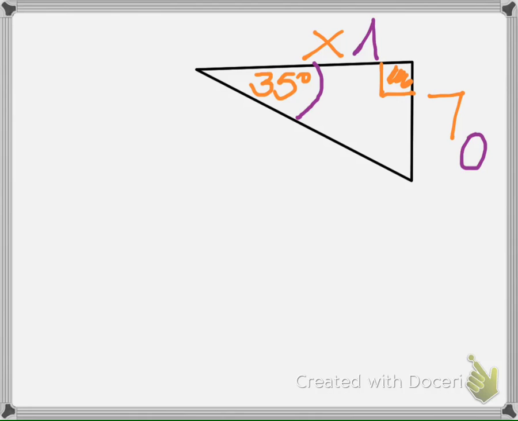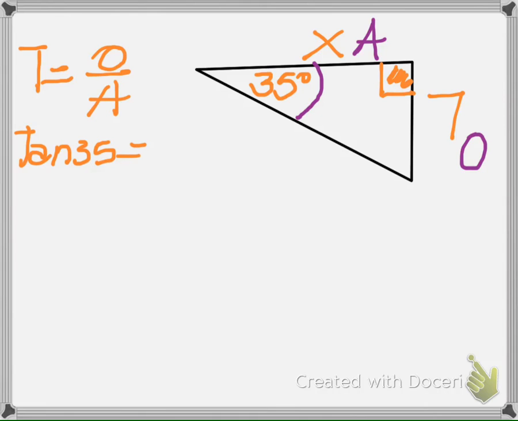It's opposite, and we know that x is the adjacent leg. So I can use tangent of an angle equals opposite over adjacent. I need to set up my ratio. Tangent of 35 degrees equals 7 over x.